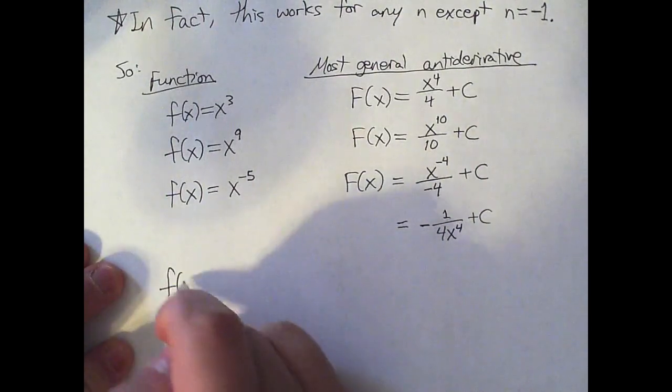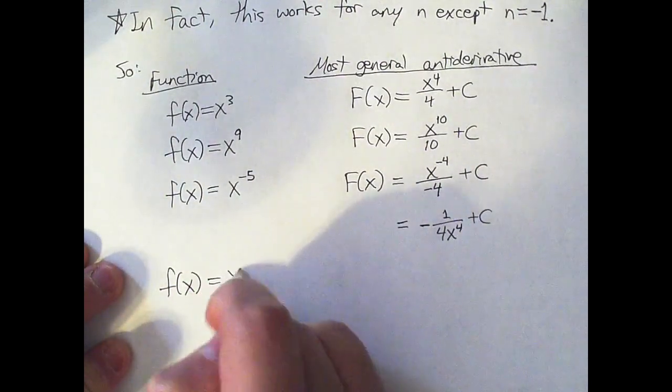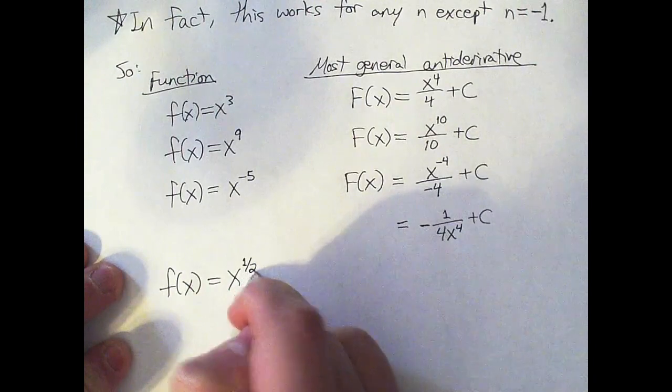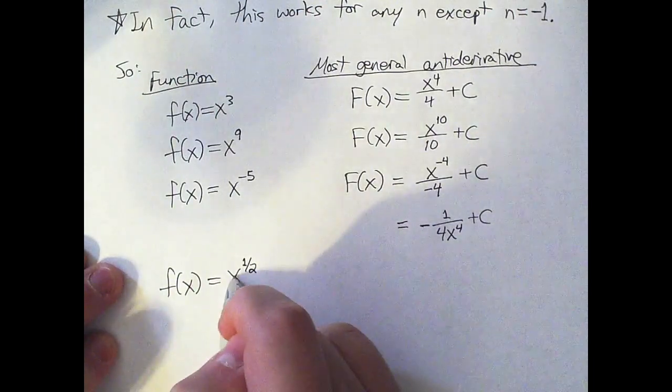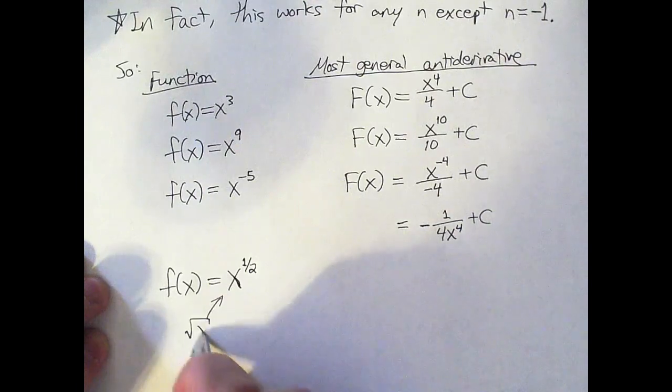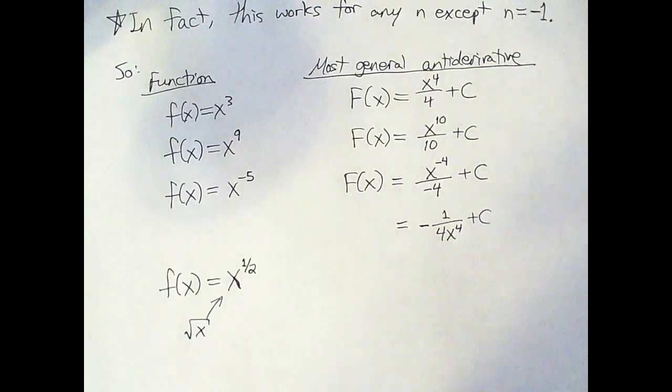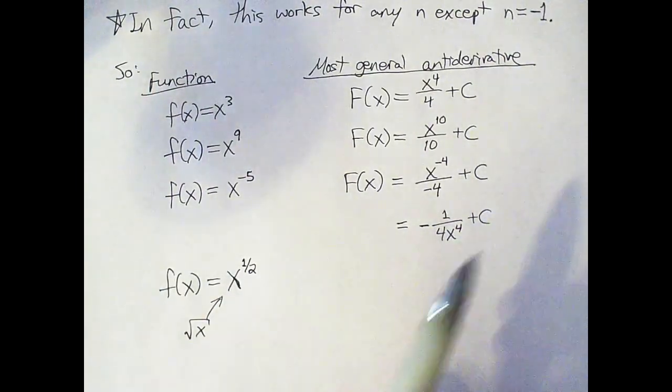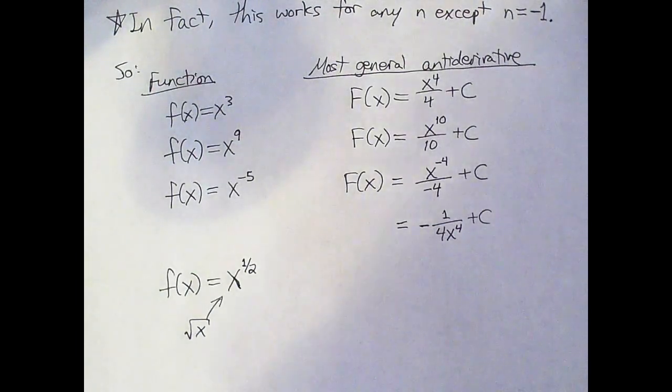How about x to the 1/2? Oh, by the way, x to the 1/2, isn't this the same as the square root of x? Yeah, so we're saying what is the most general antiderivative of the square root of x? I probably should have saved this to be a problem later, but let's talk about it now.